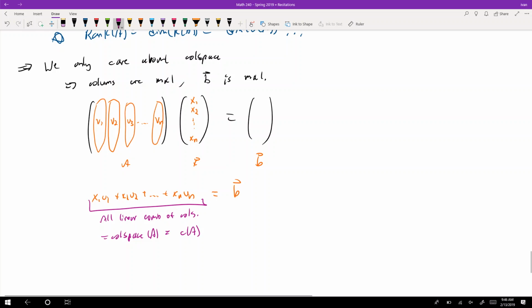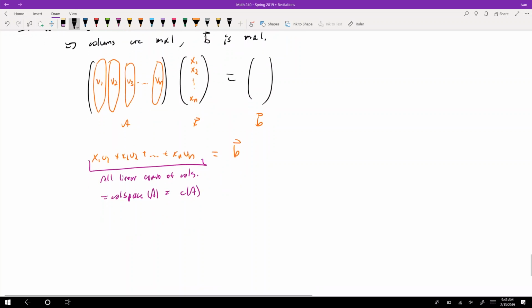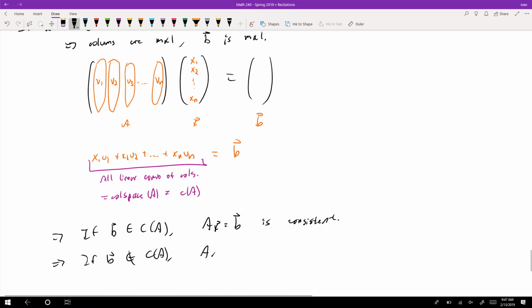There's no linear combination that can hit B. So this is why we care about the column space so much: if B is inside the column space of A, then AX equals B is consistent. And if B is not inside the column space of A, then AX equals B is inconsistent, so there's no solution.